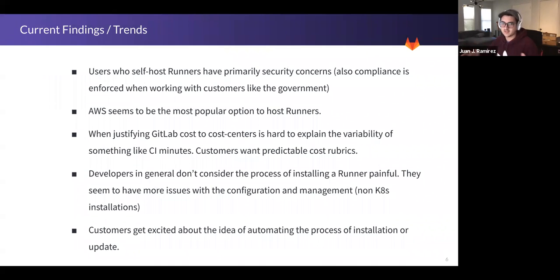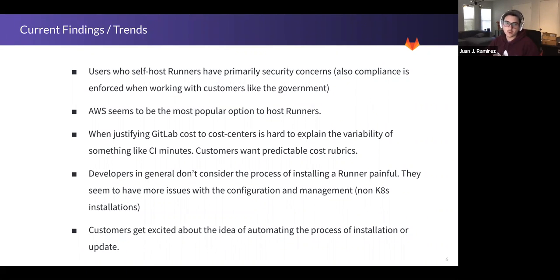So the current findings and the trends, and this is a little bit fluid and is going to change because, as I said before, runner is an animal. Many things are happening, this is a complex space, and competitors are also trying to do many interesting things in this space. But the current findings are that first of all, people who use self-hosted runners do it primarily out of security concerns.